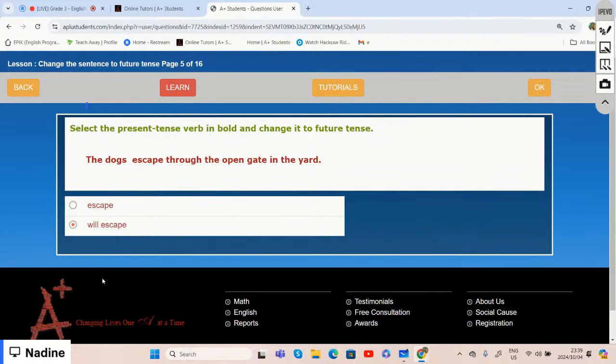All right. So, lastly, the last one is the dogs escape through the open gate in the yard. Escape.